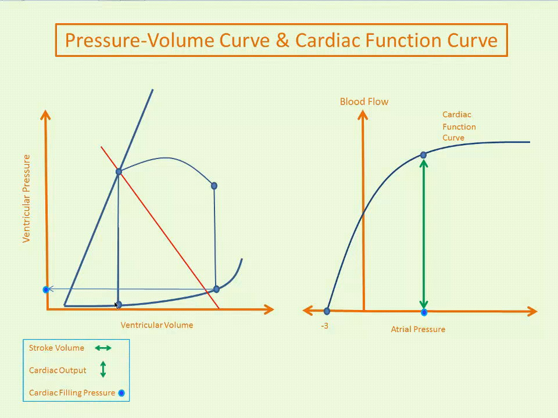And then this is your end diastolic volume, so this is your end diastolic pressure, so this is essentially your filling pressure, your right atrial pressure at end diastole, and that would correlate with this here. And your stroke volume and cardiac output are going to correlate based on heart rate.